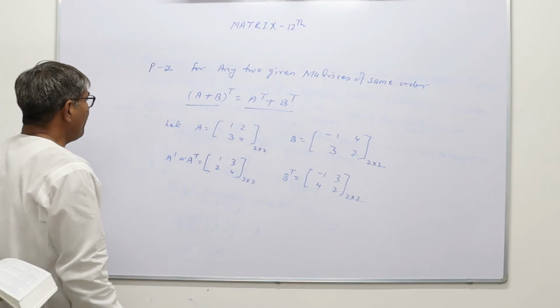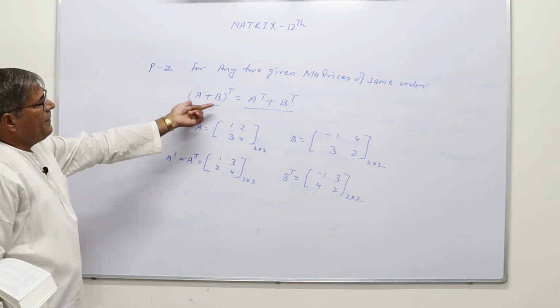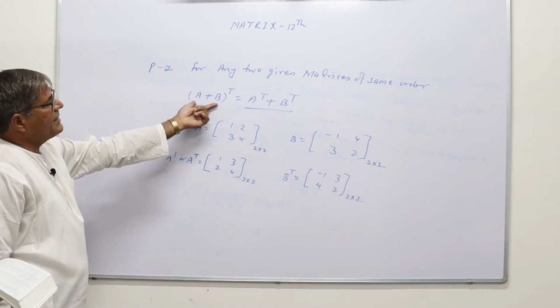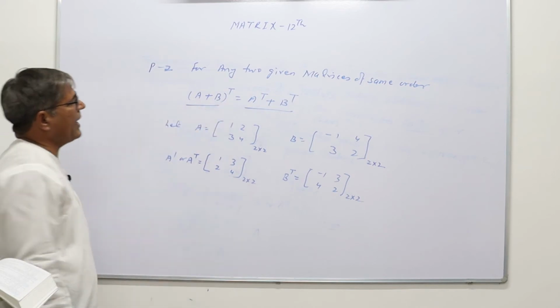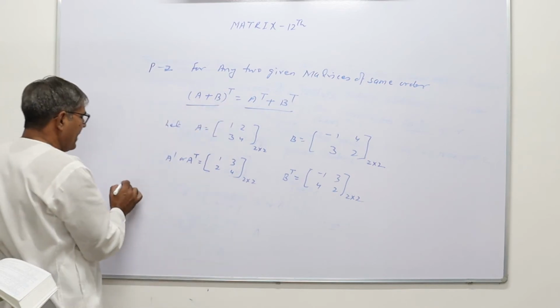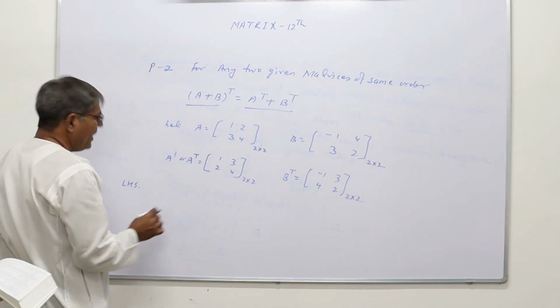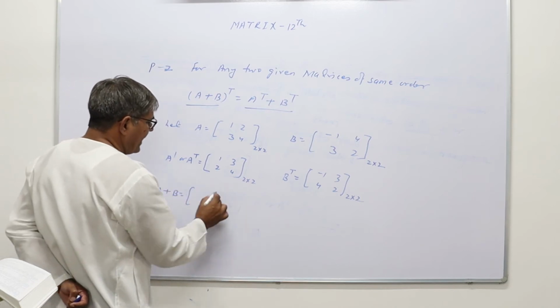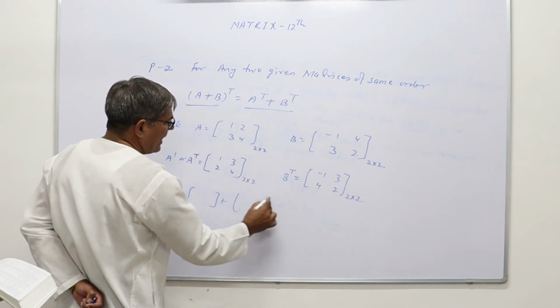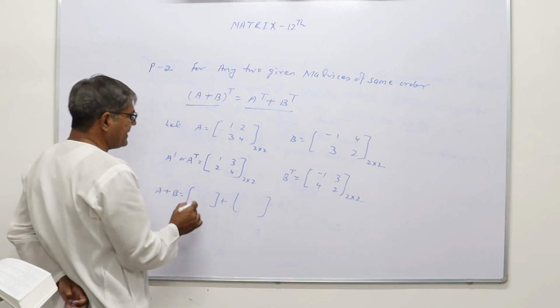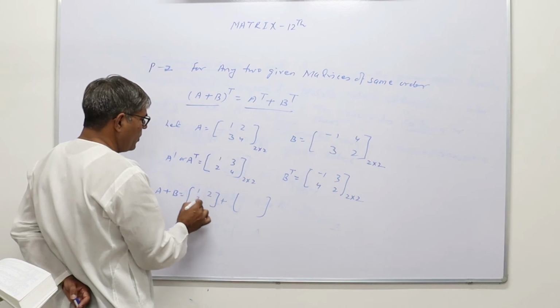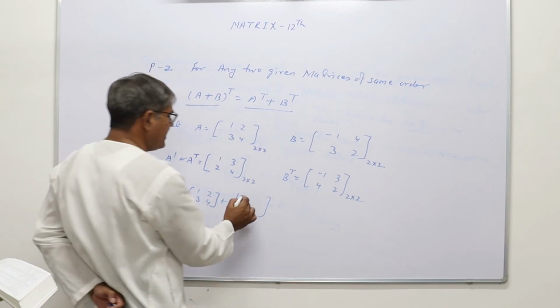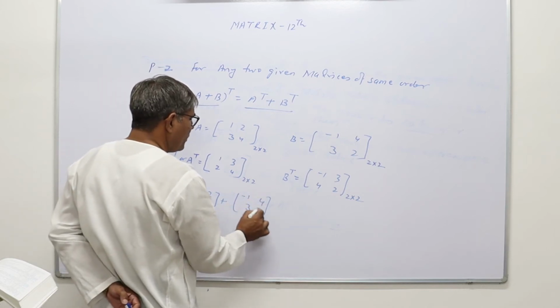Now what do we have to prove? On the left hand side, the transpose of the sum of the given matrices is equal to AT plus BT. So on the left hand side, first we will find A plus B. What is A plus B? Simply the sum of the given matrices. So given matrix A is 1, 2, 3, 4 and B is -1, 4, 3, 2.